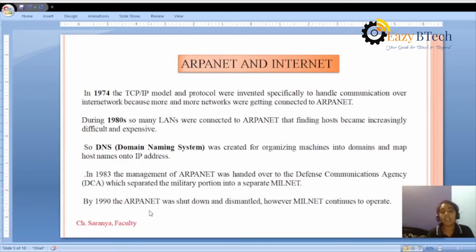ARPANET was mainly introduced for military bases as well as government communications. By 1990, ARPANET was shut down and dismantled. However, MILNET continues to operate. This is about ARPANET.